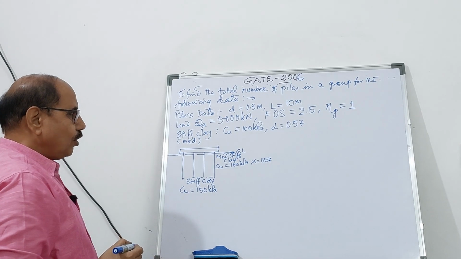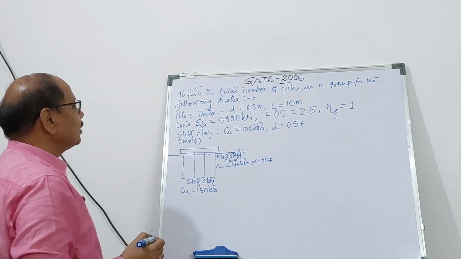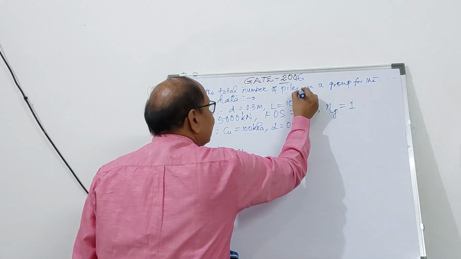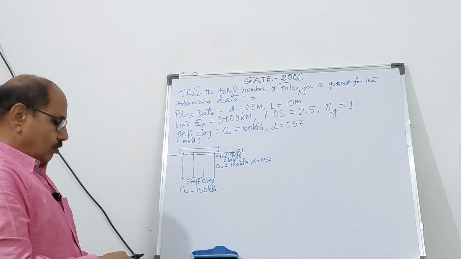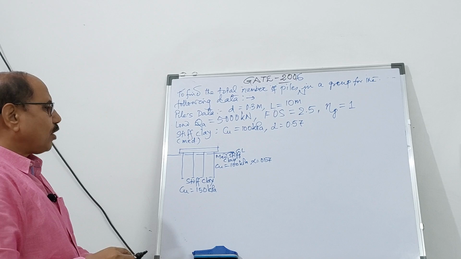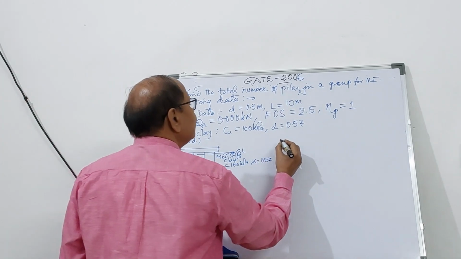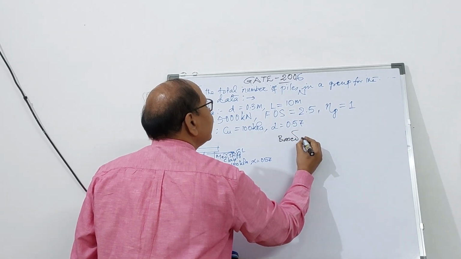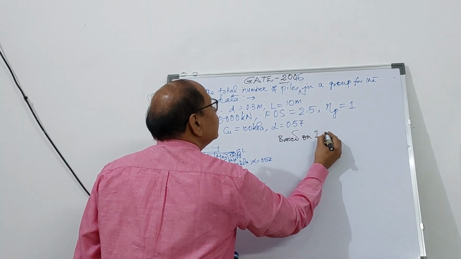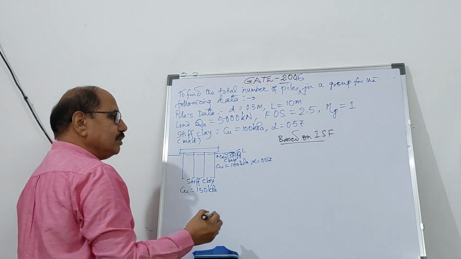So with this information, you have to find out the total number of piles, that is capital N. So how will you find out? It's a very, very simple problem. Based on individual shear failure, I have already explained this, the pile is going to fail one by one.